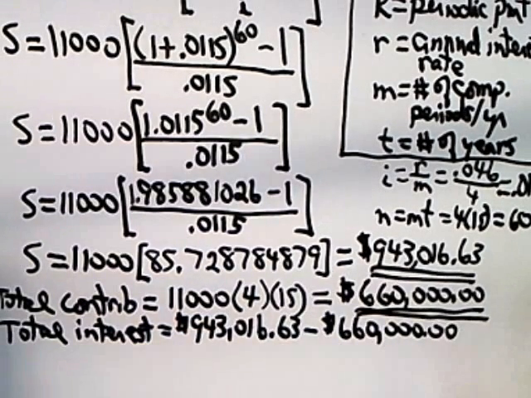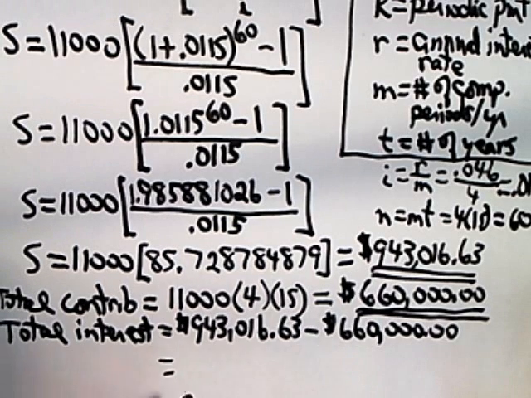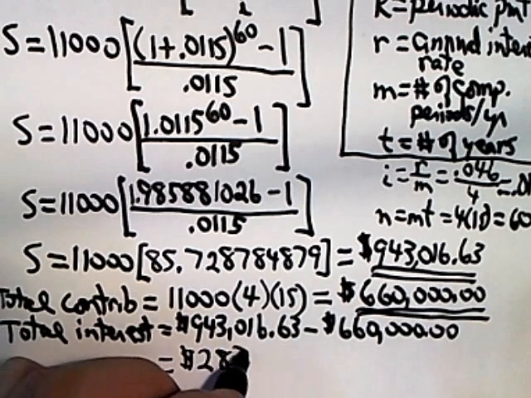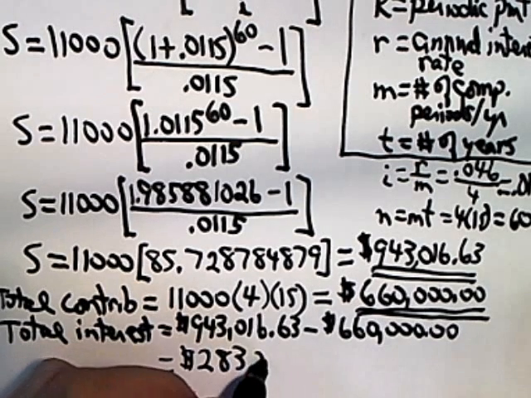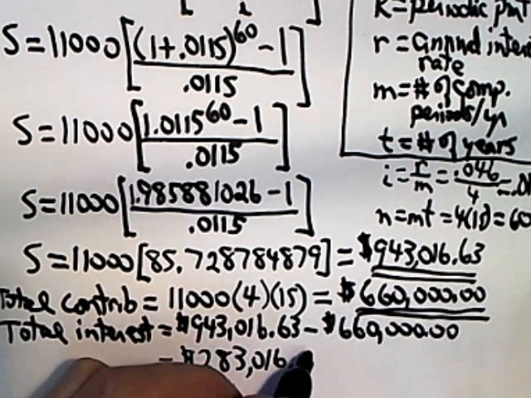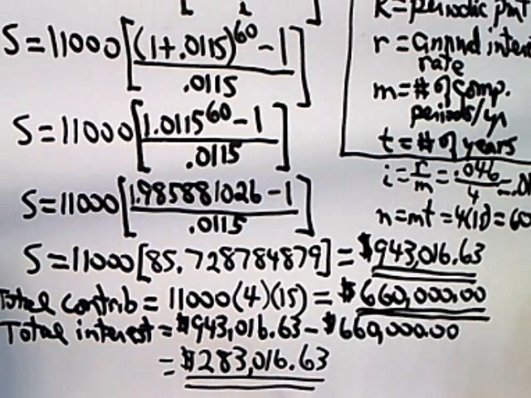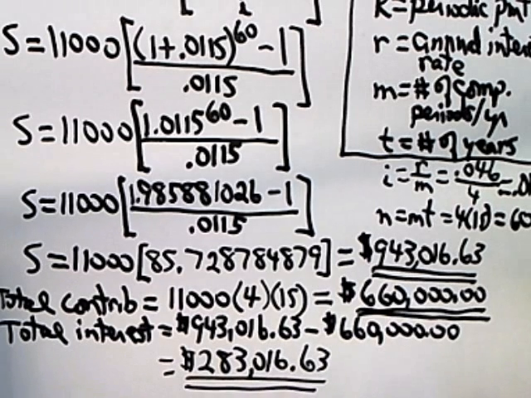If you subtract those two quantities, you'll find that the total interest is $283,016.63. So the future value of that annuity is based on two things: how much the person contributed themselves and how much interest was earned over the life of the annuity. If you add those two quantities together, you will get the future value.